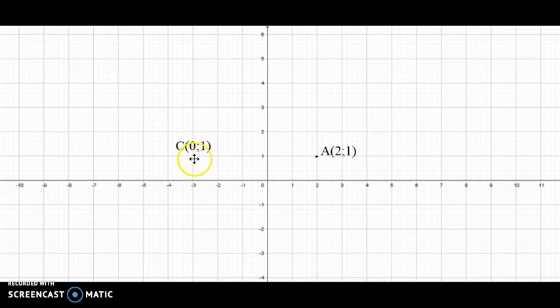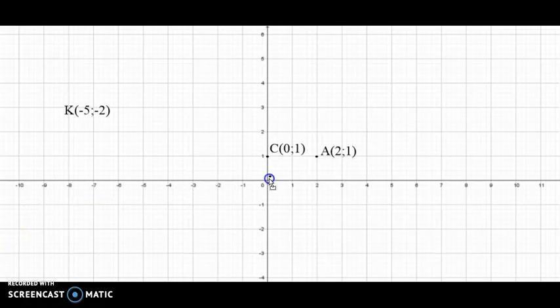Now we're going to plot the coordinates of C, which is (0, 1). So I go on my x-axis to 0 and on my y-axis to 1, and I plot my coordinate and label it C (0, 1). Let's plot another point, point K, which is (-5, -2).